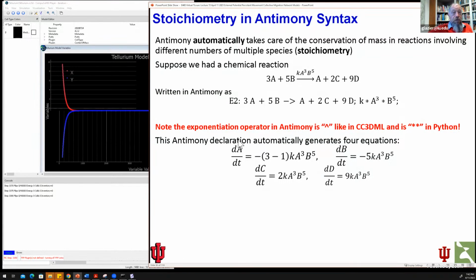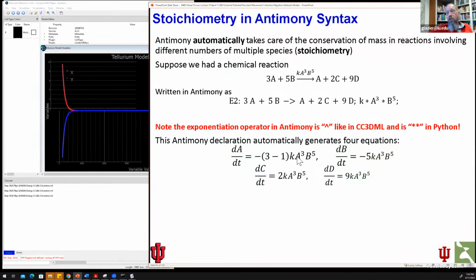If we had a complex chemical reaction, like 3 molecules of A plus 5 of B go to A plus 2C plus 9D, we type that just as it's written. 3A plus 5B goes to A plus 2C plus 9D, semicolon, rate K times A cubed times B to the 5th.